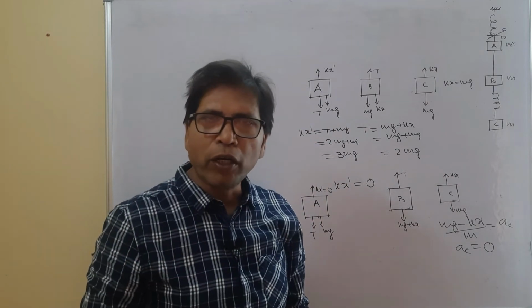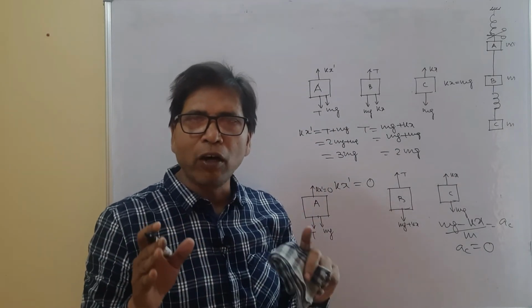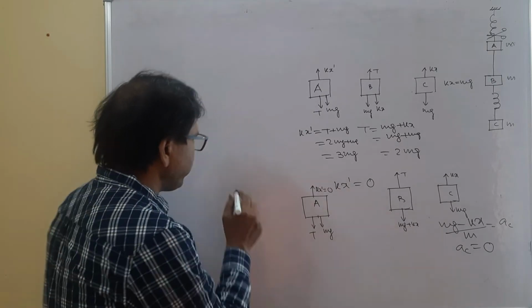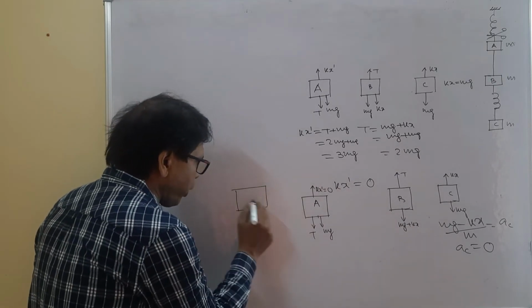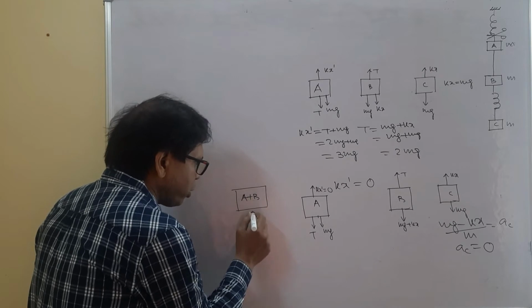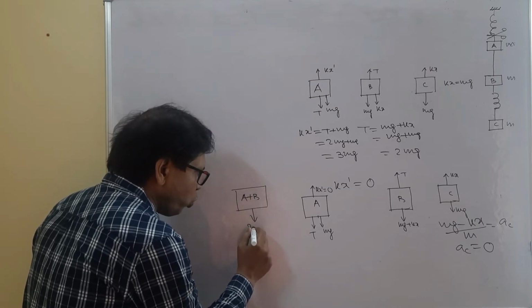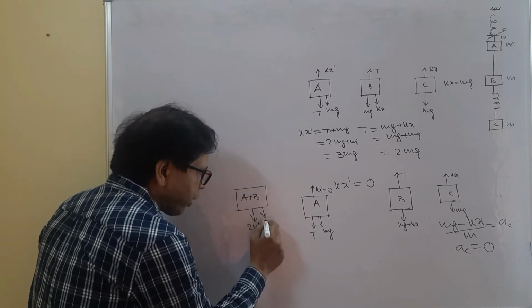Understood? We have to calculate the resultant force acting on A and B. For A and B, the forces acting are 2mg plus kx.